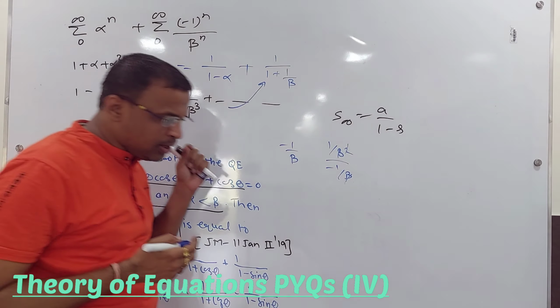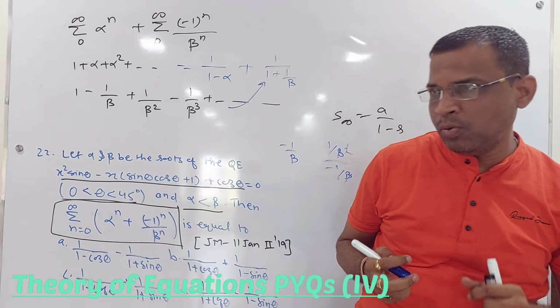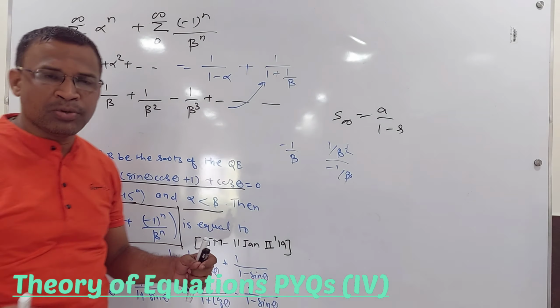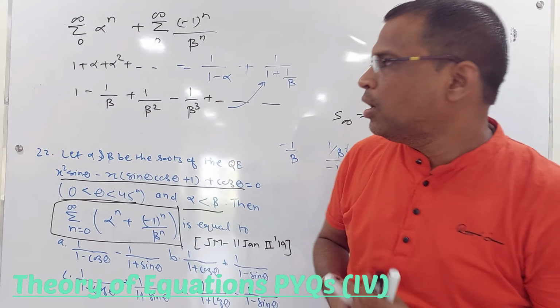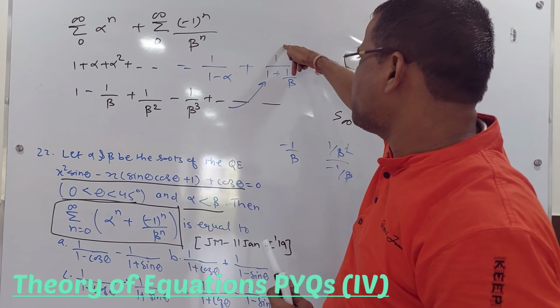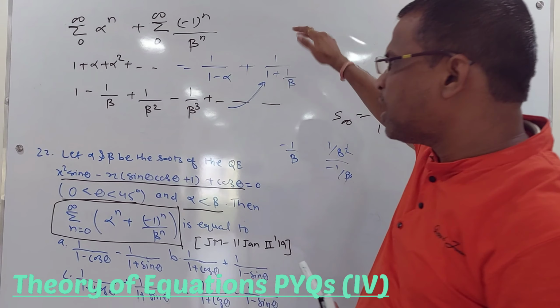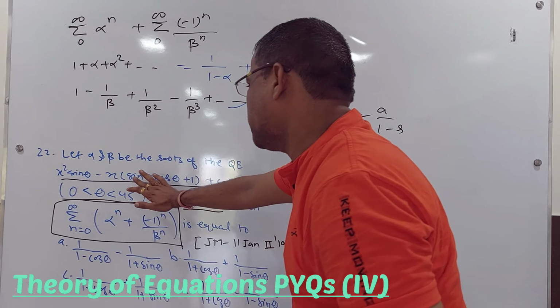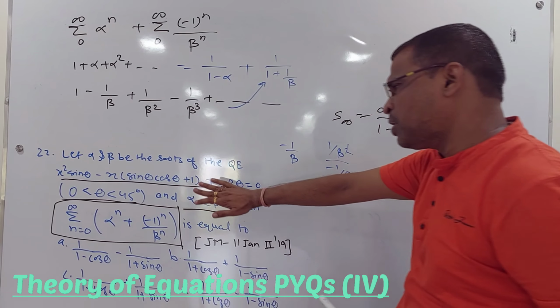Now, I told you this is a very good question. Here the student gets stuck, because we have a habit, including me. After looking at this, I will just cross-multiply with beta and get something like alpha plus beta and alpha beta, and then think there is a relation for alpha plus beta that we can use.